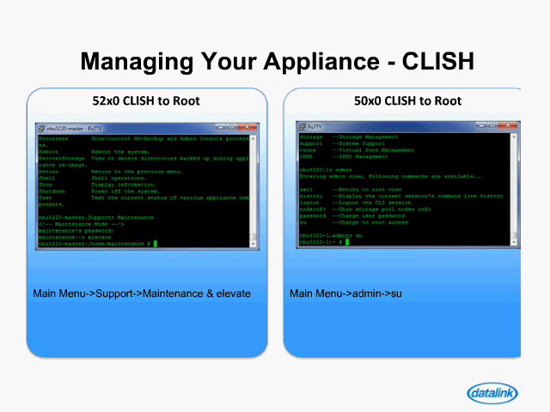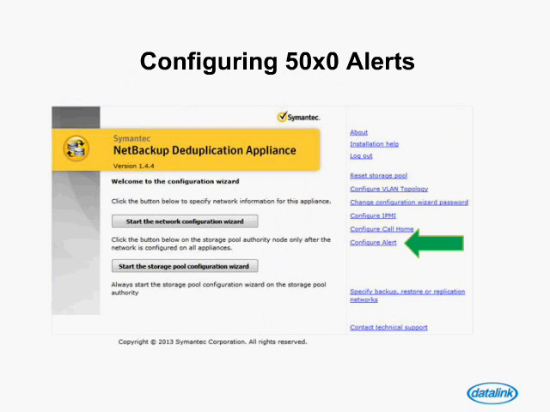We'll get started by using the web interface. There are lots of places where we can jump off talking about the appliances, but initially, let's talk about configuring the alerts. The appliances have an alert mechanism that is built in. On the 5000 series appliance, you would go to the installer page, and we'll talk a little more about that in a few minutes.